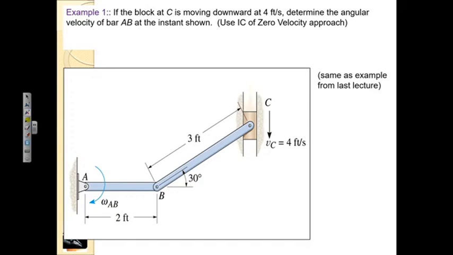All right, so we looked at this problem last time we got together, and the first thing I did was flip omega AB. And what did we do? We knew the velocity at C here. It's given in the problem, 4 feet per second. We knew A is pinned over on the other end. And we used B as this go-between between our mechanisms.